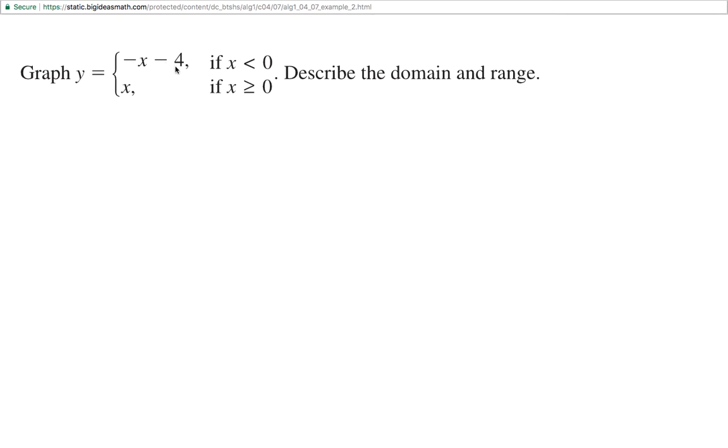So the y-intercept is -4 and the slope is -1. So I personally would go and graph that there, but then I would erase all values that are not true here. So this graph says this is only true for x's that are less than 0. Okay, so we're talking about -1, -2, -3, -4, and so on.